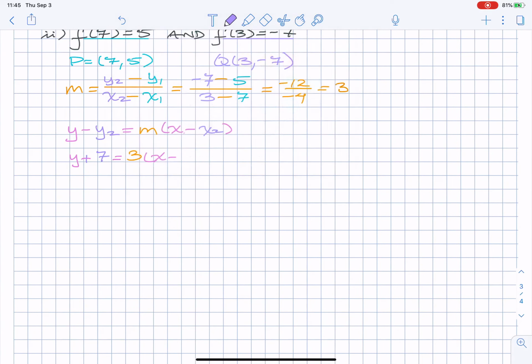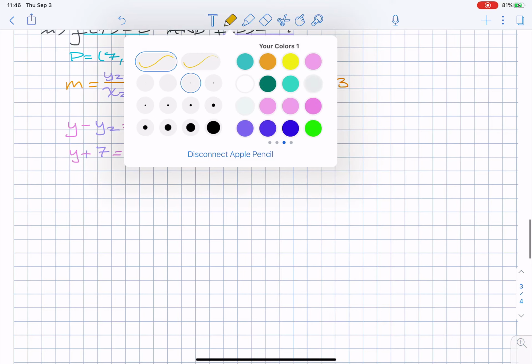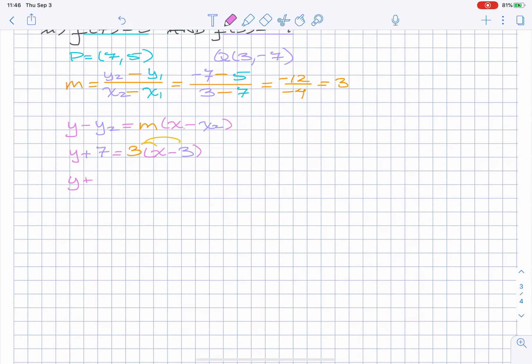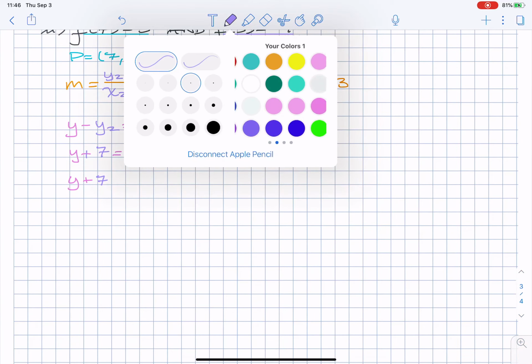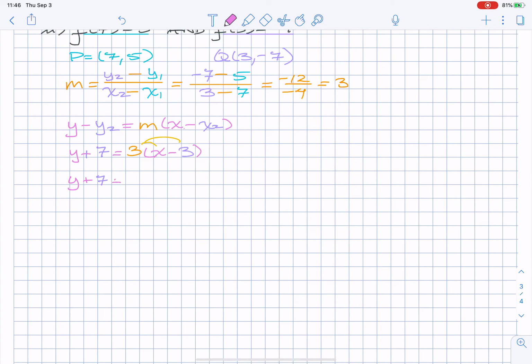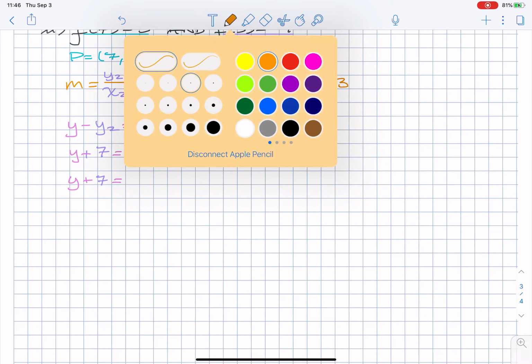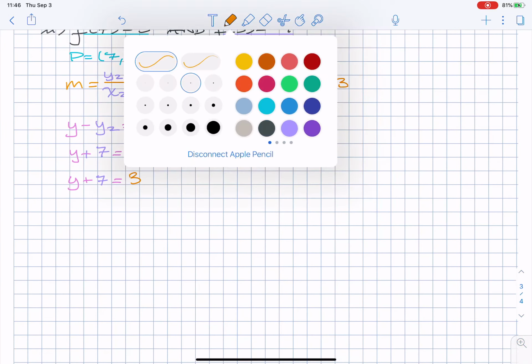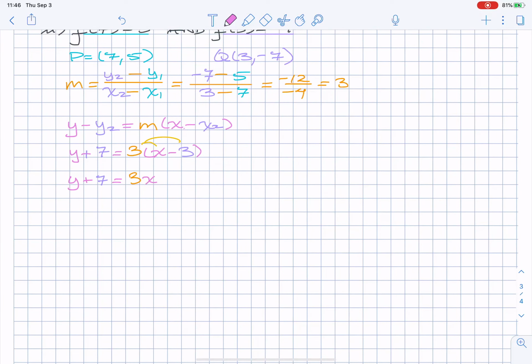So now let's distribute that 3 into this parenthetical. So we get that y plus 7 is going to be equal to 3x minus 9.